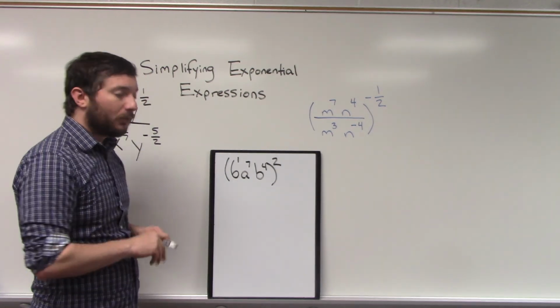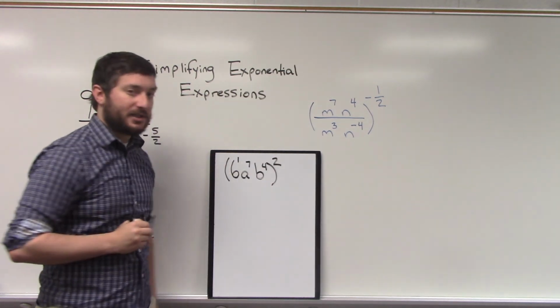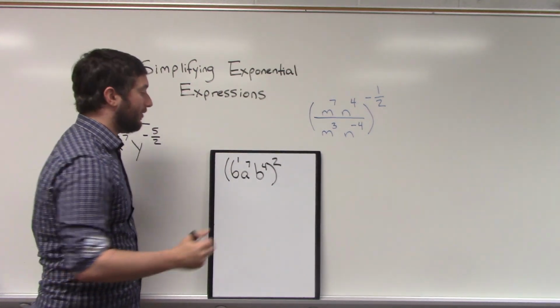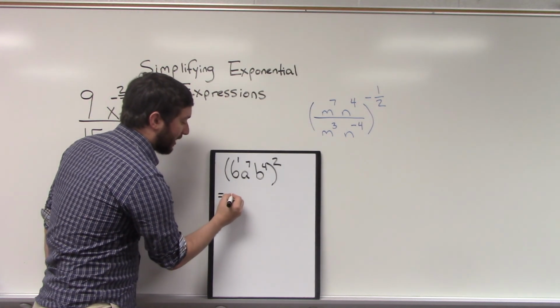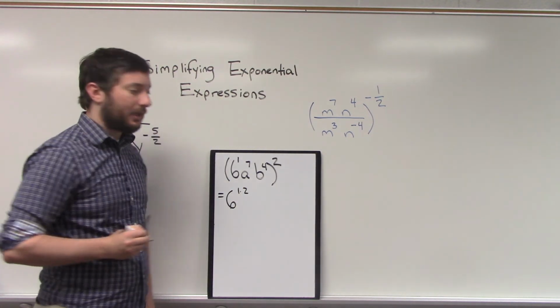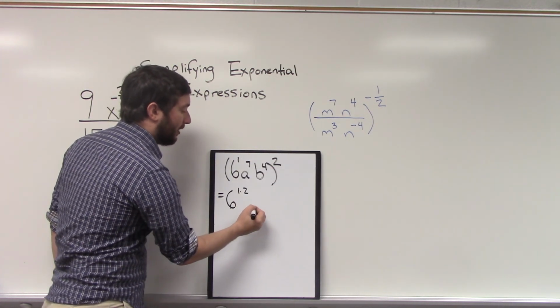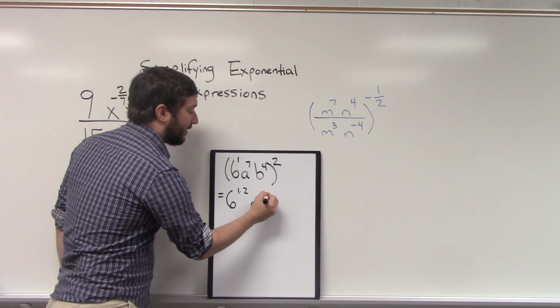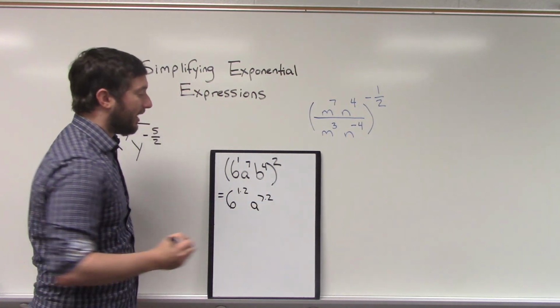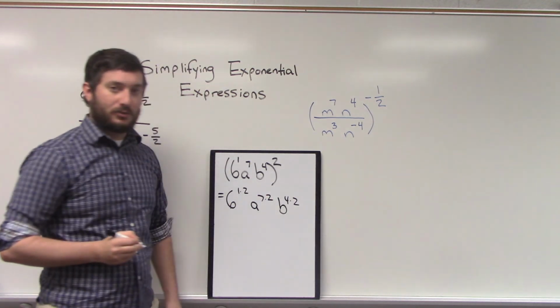Okay? So we're distributing that 2 basically to all of our different numbers, 1, 7, and 4, by multiplying it to them. For example, we will have 6, and our exponent is now 1 times 2. We've distributed that 2 to the first exponent, a to the 7 times 2 power, and b to the 4 times 2 power.